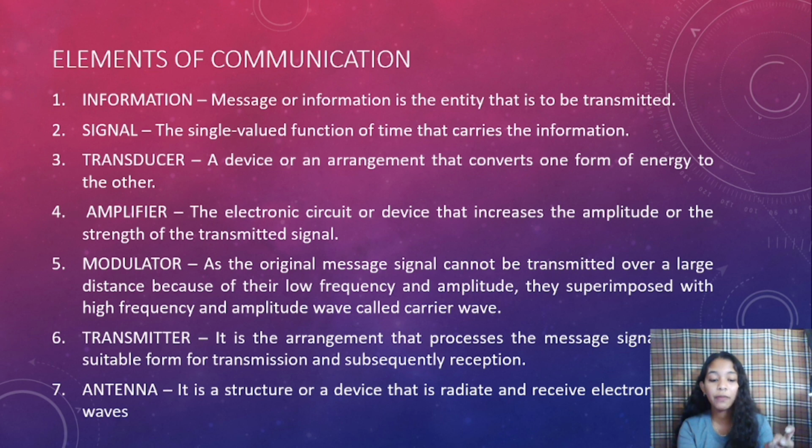It provides such as antenna interface, fiber interface, and so on. Next is the antenna. It is a structure or a device that radiates and receives electromagnetic waves. So they are used in both transmitters and receivers.